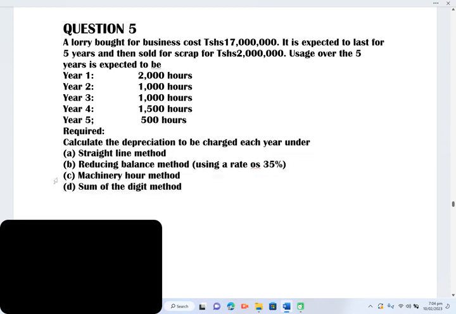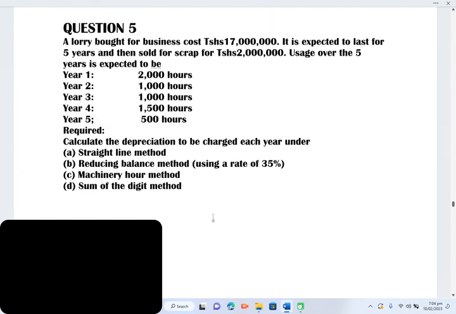Sasa hii sitaki uifanye sum of digit. Nataka kufanya straight, unaweza, si ndio? Reducing unaweza. Rate ya ngapi? 35. Alafu ya mwisho ndio nini? Na machine hours. Hebu jumlisha hizo machine hours. Kwanza nikufundishe hii ya mwisho wa machine hours. Hizo zingine unaweza kuzifanya bila matatizo.